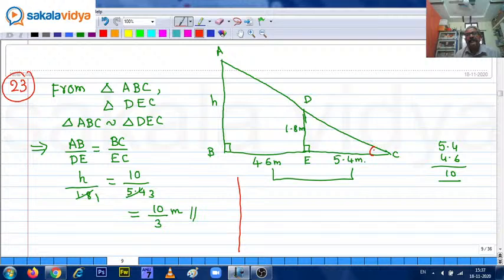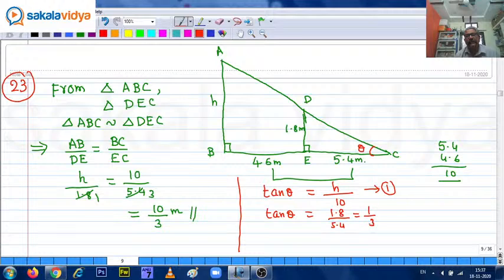Let us say this angle is theta. In the first, bigger triangle, write down tan theta. Tan theta is equal to H divided by BC. BC means 10. Say equation 1. Take the smaller triangle, define tan theta. Tan theta is equal to 1.8 by 5.4, which is 1 by 3.